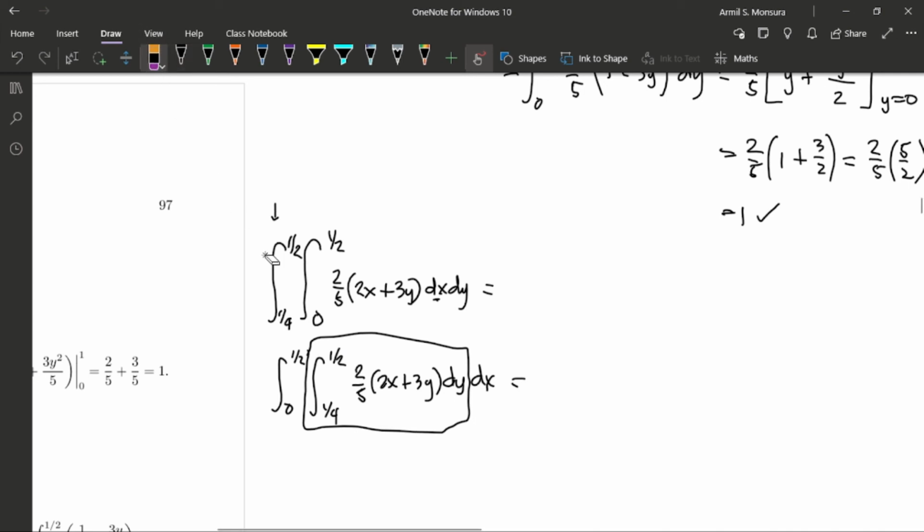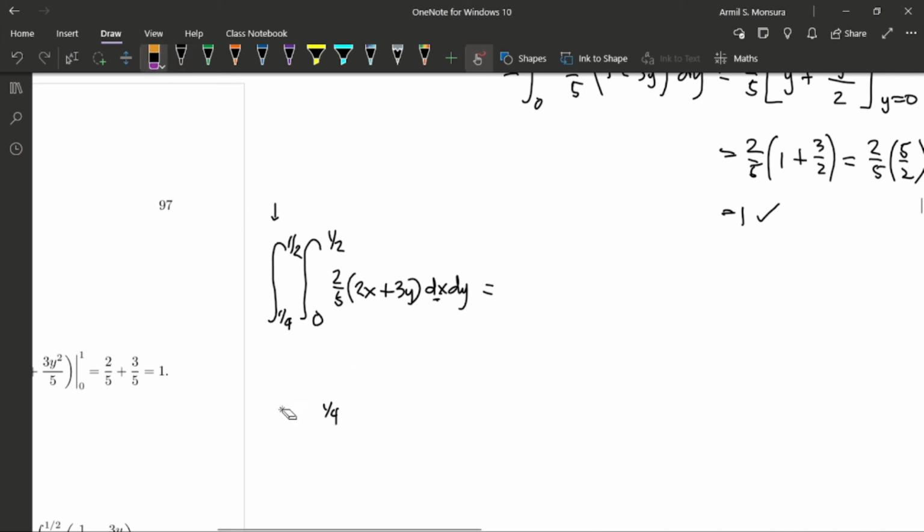Okay? So, let's simply work on the first integral. Okay? So, here, since we'll be evaluating in terms of x, so again, lagay mo natin yung 1/4, yung para sa first integral. Okay, so labas natin yung 2 over 5. Okay, and then the integral here is, again, this is x squared. 2 cancels out kasi magkakaroon to ng over 2, tapos yung 2 dito makakancel out din.